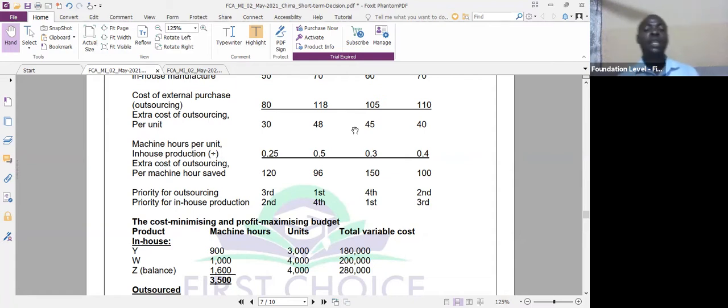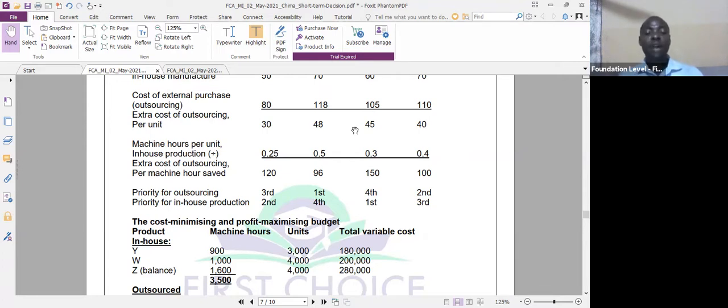If you want to rank in order of outsourcing, you rank the smallest one first, and you go in ascending order until you rank the last one, which is the fourth one. I believe it is Y. Y, you now rank it as number 4, because that is what you are paying the highest, followed by W, which is 120, then by Z, which is 100.